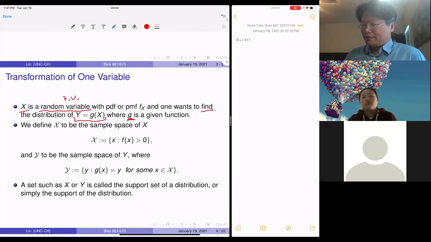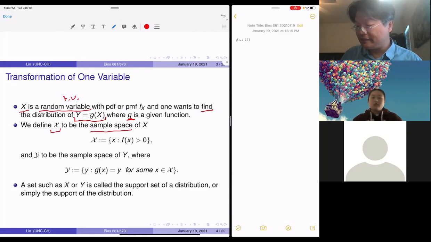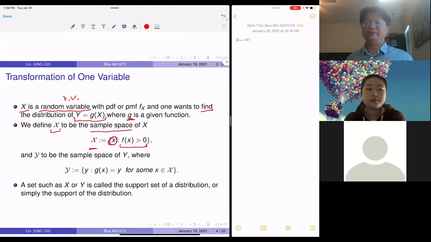Okay, then we will define this script S, which becomes the so-called sample space. Sample space means a collection of data, a collection of samples. And this sample space basically includes those x which have PDF bigger than 0.